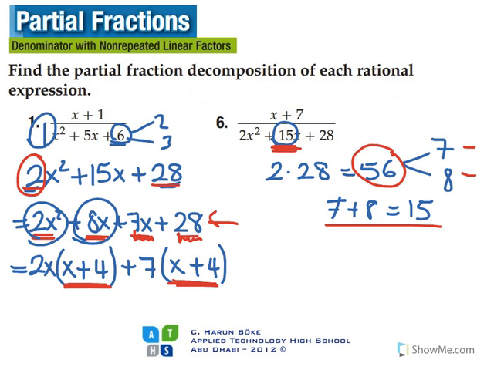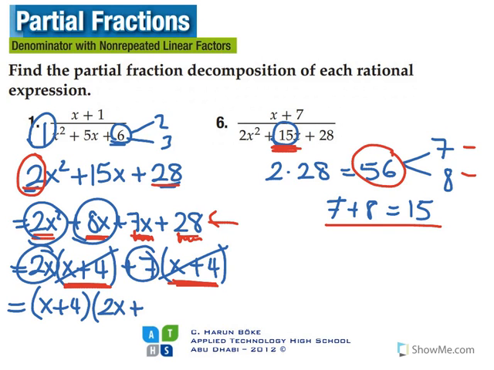In this case it's x plus 4. So it will be in x plus 4 parentheses. Now I cancel the x plus 4's. What is left is 2x plus 7. So this is how I factor this expression.